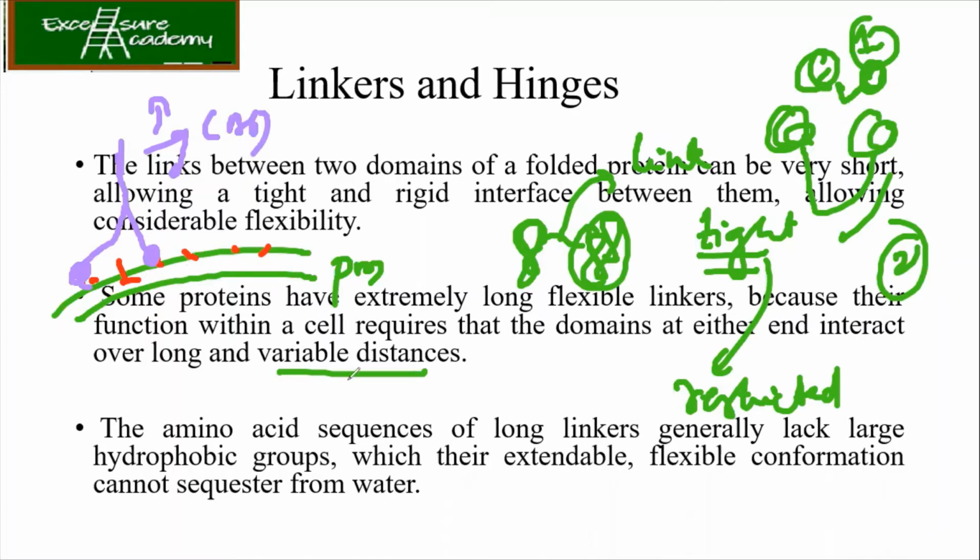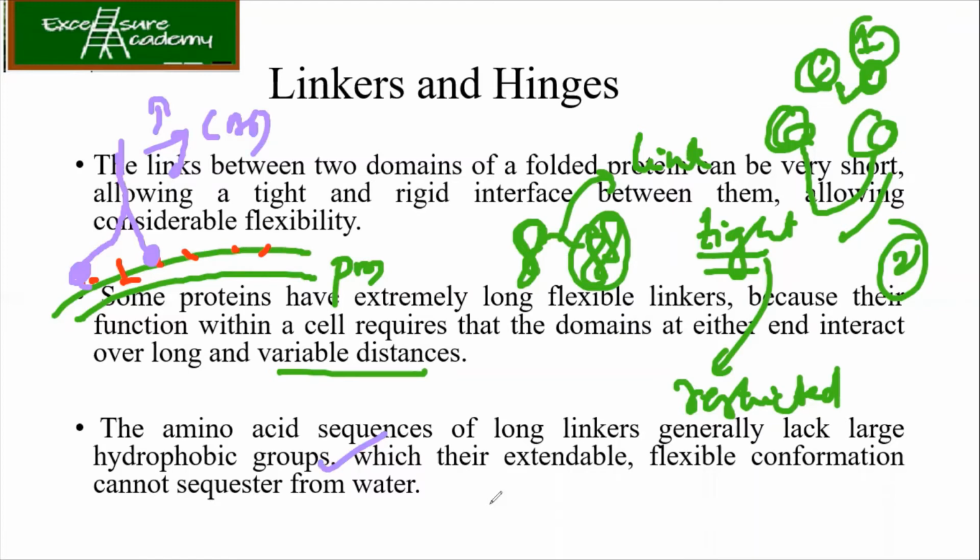Now, the amino acid sequences of long linkers generally lack large hydrophobic groups. Now, what does it mean? Obviously, right? They have to extend their portion here and there. They have to interact a lot in the aqueous solution. So, obviously, they will have less hydrophobic amino acids. Because having a hydrophobic group means what? It has to be buried inside the protein, right?